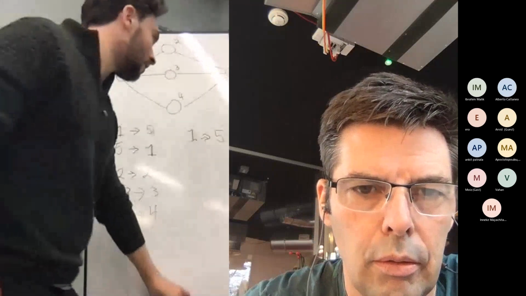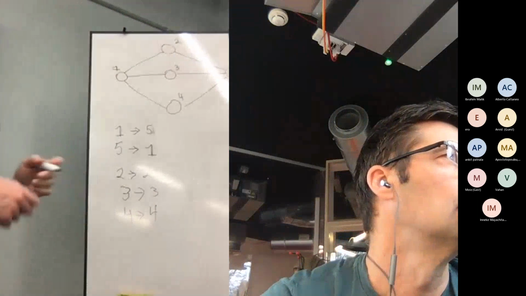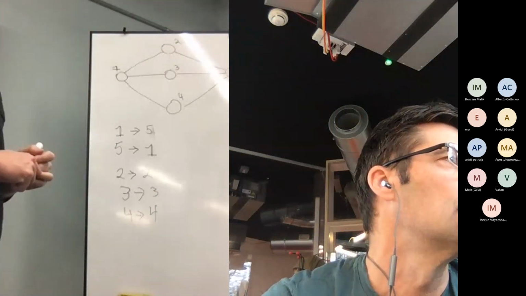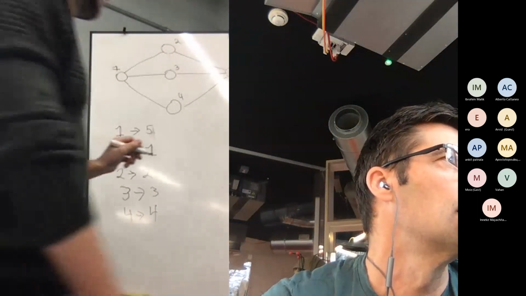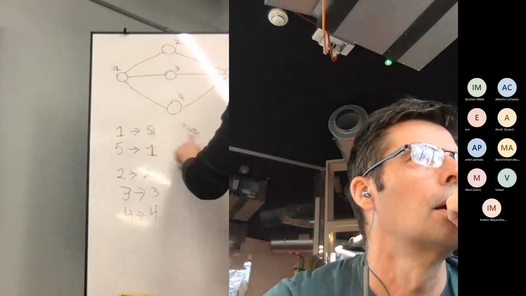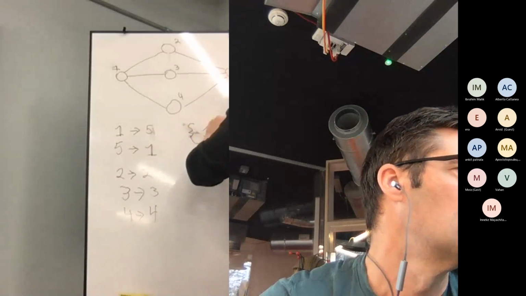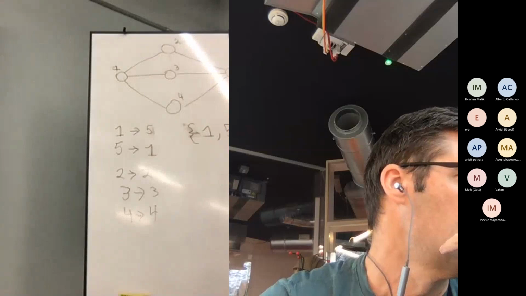So in this graph here, there's 2 sets which define the orbits of this graph, which is, oh, that's a bad curly brackets. 1 and 5 are one of the orbits.